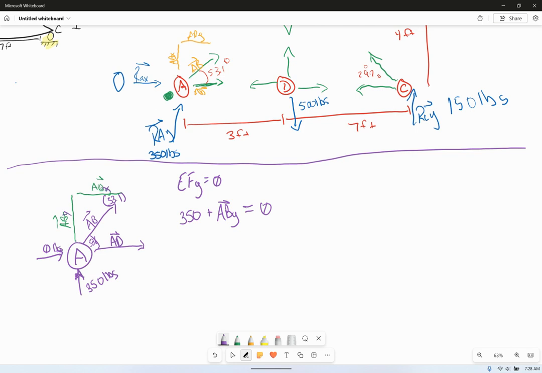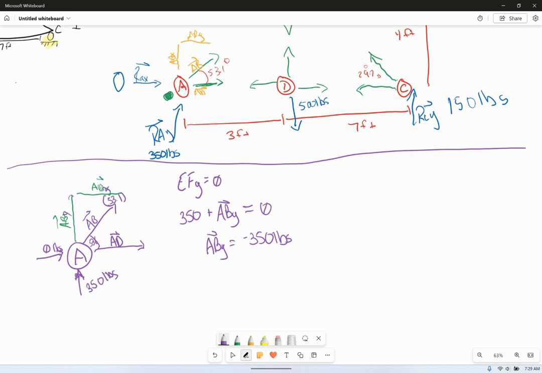Okay, and so what we have done is I have assumed that AB is going up, so I drew the arrow, so that's going to be a positive number. So we're saying AB, we're going to isolate it. So vector ABY is going to be equal to negative 350 pounds. Now here's a couple things. On our model, we assumed that our force was in tension, which means the reaction force would be compression, going up and to the right.